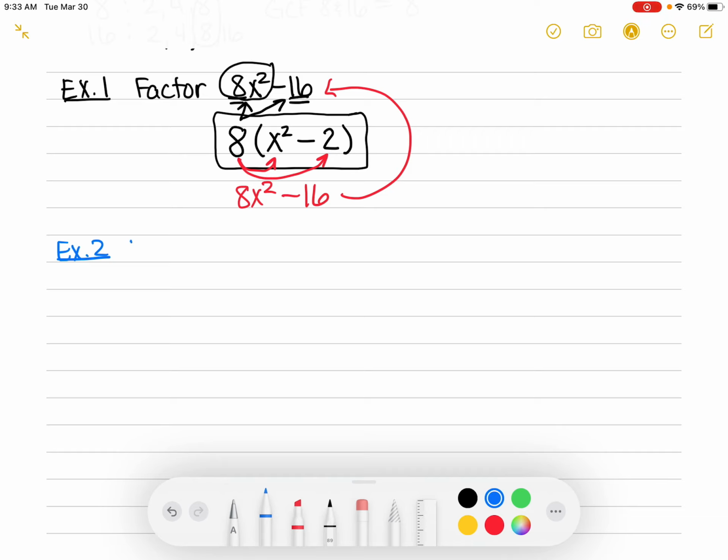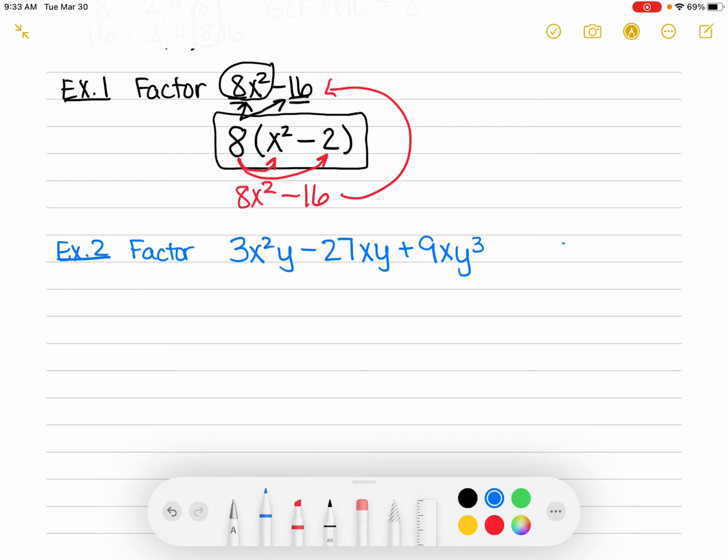Example 2 says factor 3x squared y minus 27xy plus 9xy cubed. Okay, so this one has 3 terms in it, but we're going to do it the same way. Take it step by step. First, you look at your numbers. We have 3, 27, and 9.